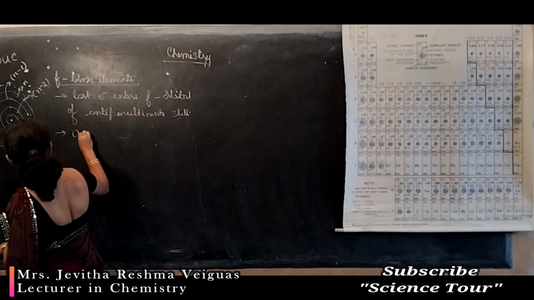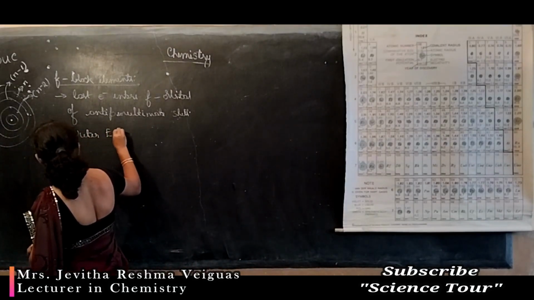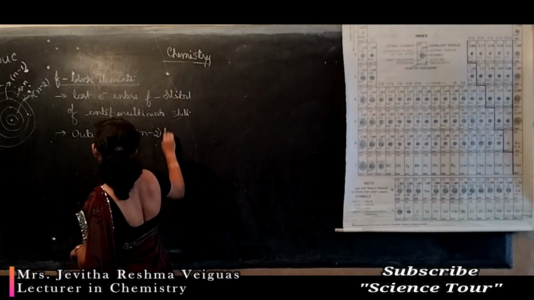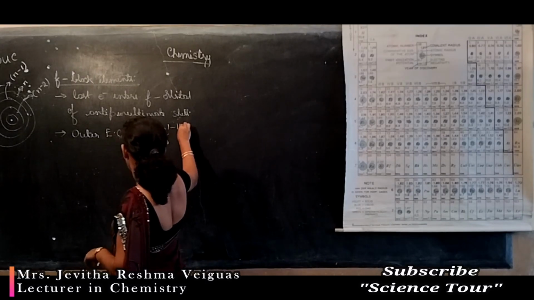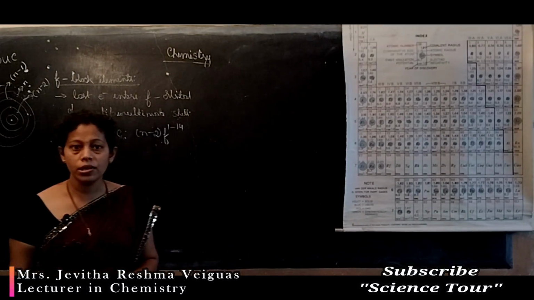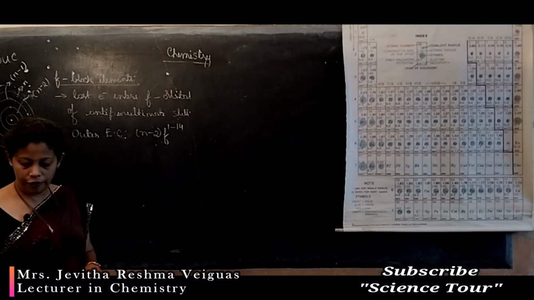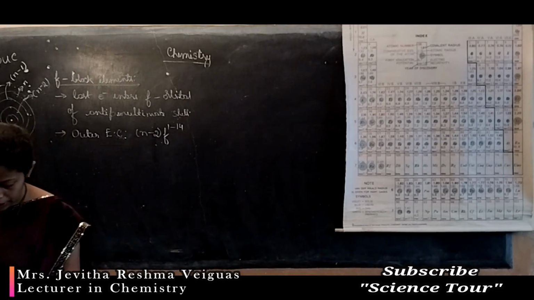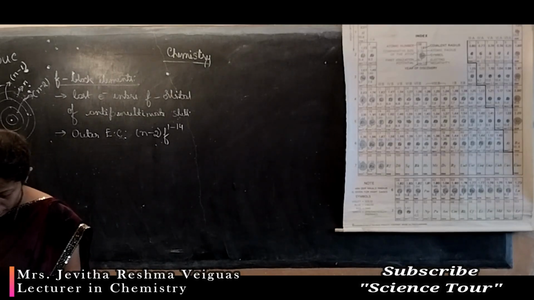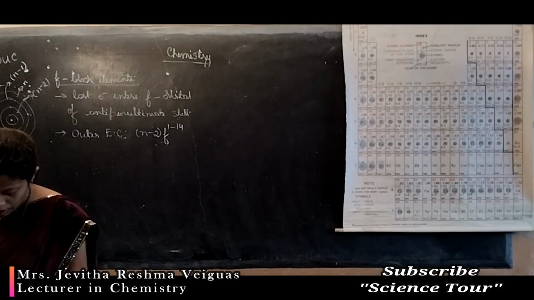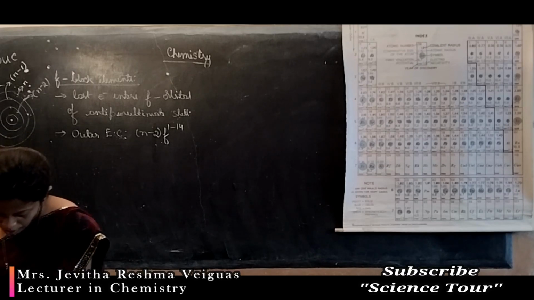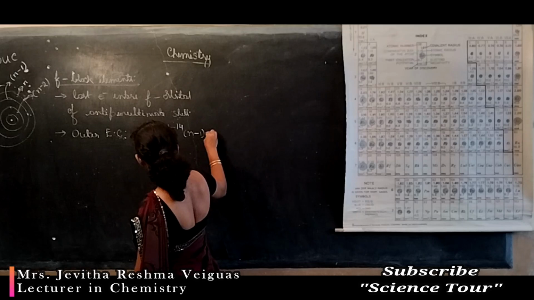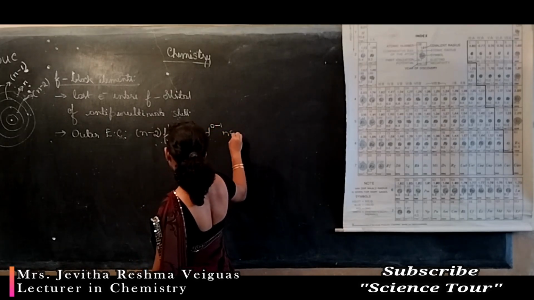These elements have outer electronic configuration as n minus 2, F 1 to 14. In these elements, the electrons are successively filled in the F orbital of the antipenultimate shell, and these elements may have electrons in the d orbital, that is n minus 1, d 0 to 1, ns2.